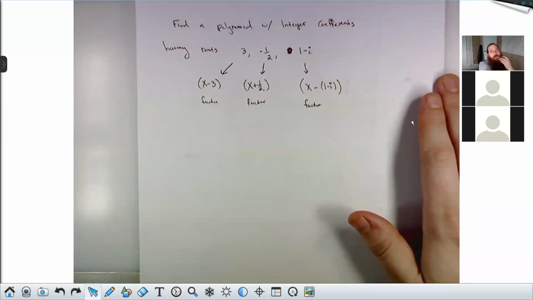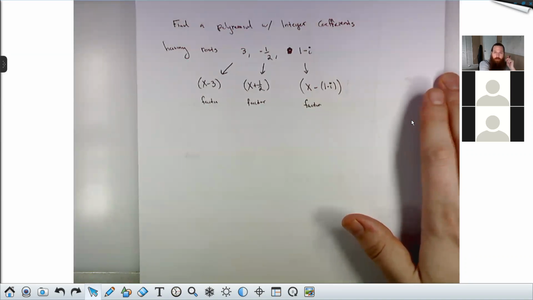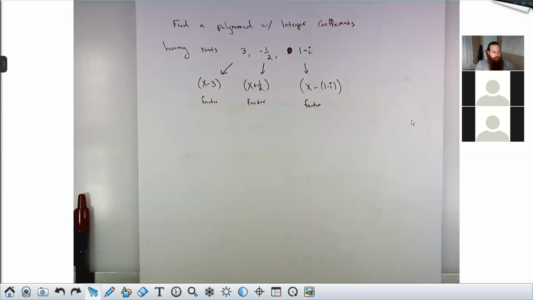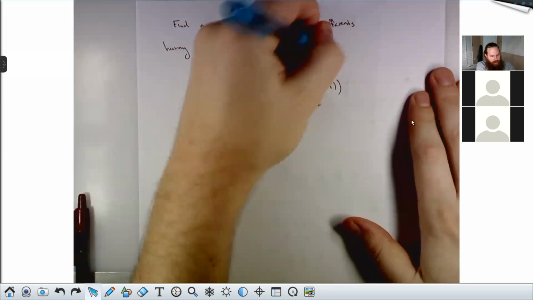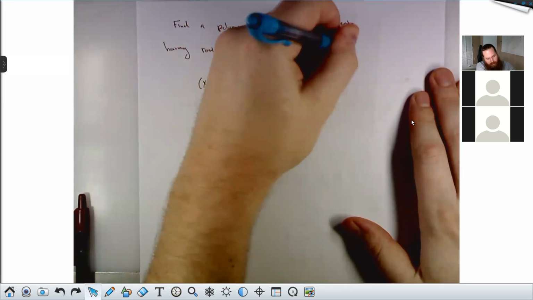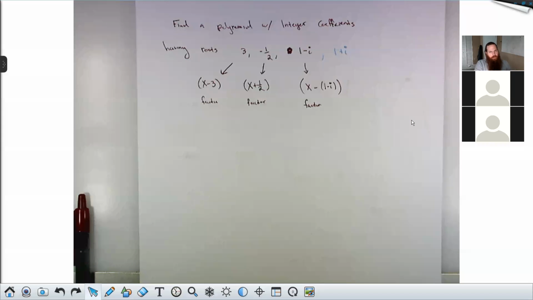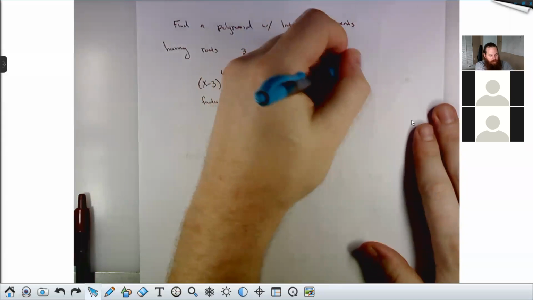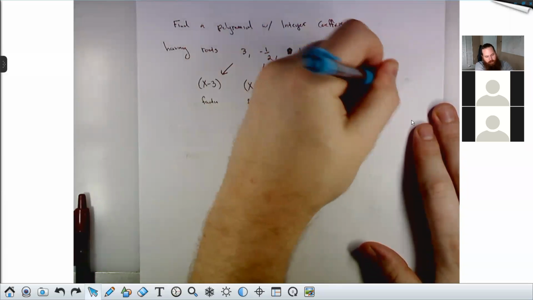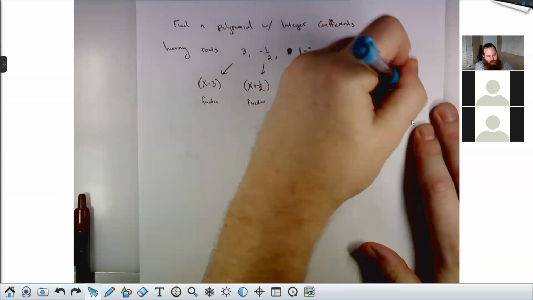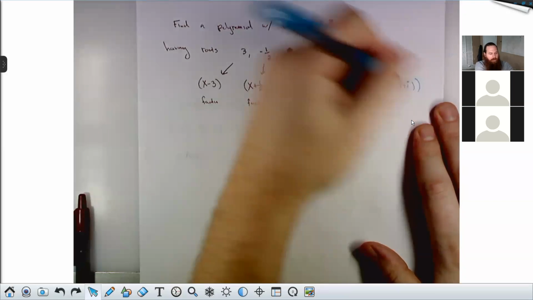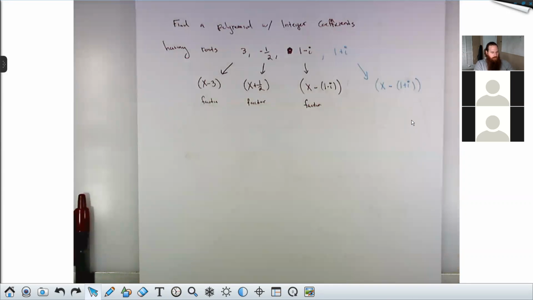But there's one other factor that I need in order to guarantee the coefficients being real. Almost. Yeah, 1 plus i. The complex conjugate of 1 minus i. So that means that x minus 1 plus i is a factor.